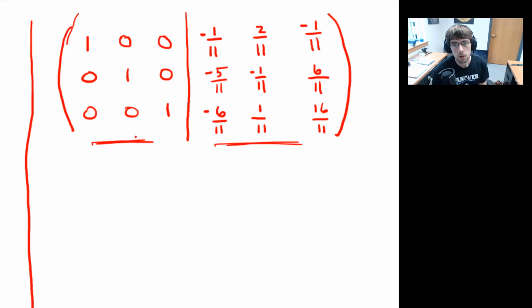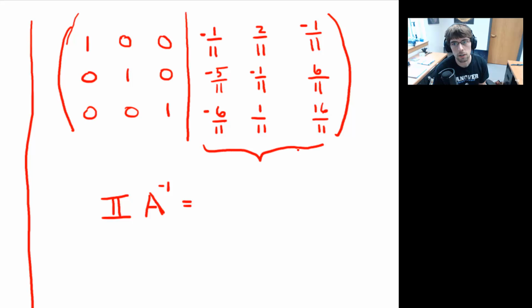If I go back to my equation notation rather than this matrix form, we now have the identity matrix being multiplied by our unknown inverse matrix, and that now equals this rigmarole right here.